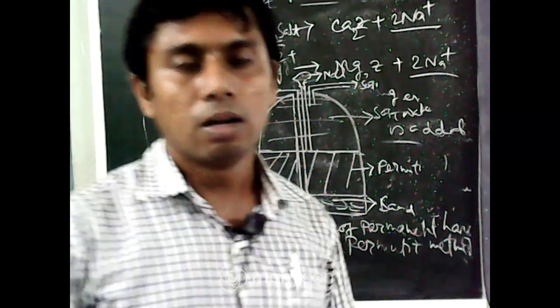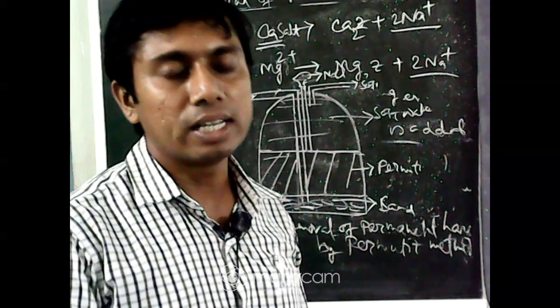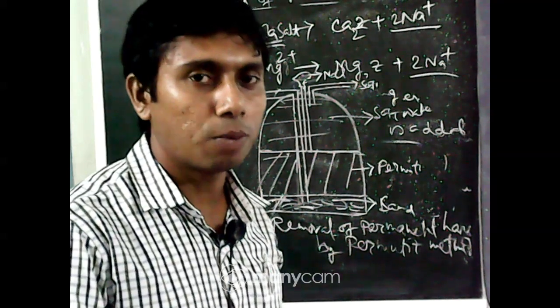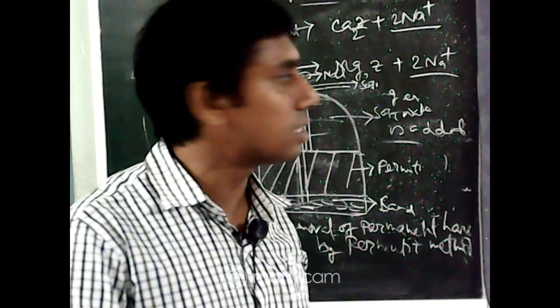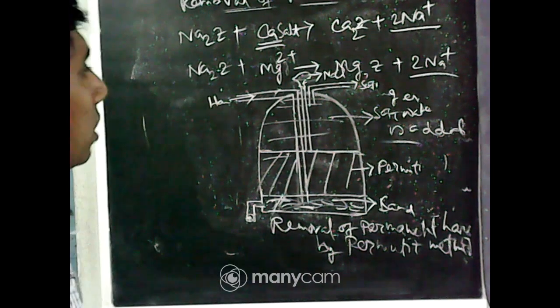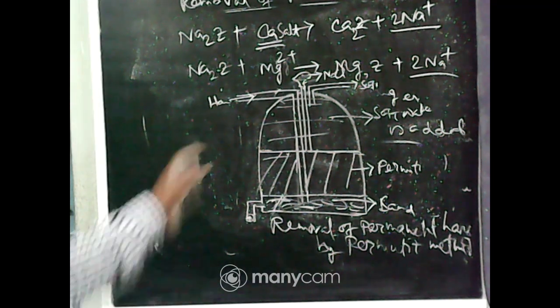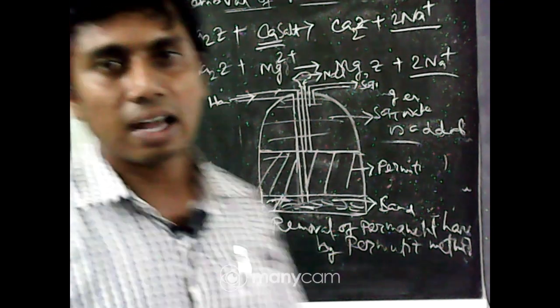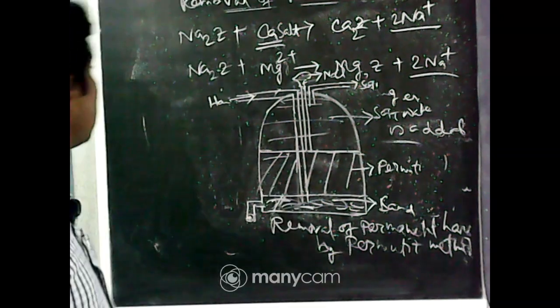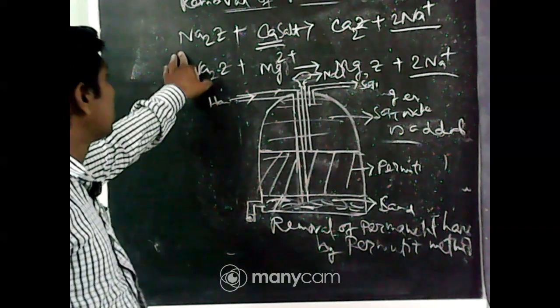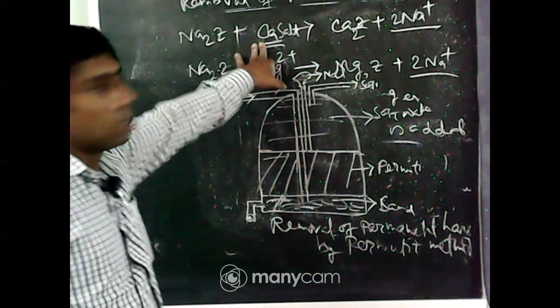And the next one is removal by the ion exchange method. Now, ion exchangers are of two types, one is the inorganic ion exchanger and another one is the organic ion exchanger. Now, the inorganic ion exchanger I have told you today, it is also called cationic exchanger, because you can see in the reaction, it is the calcium salt.